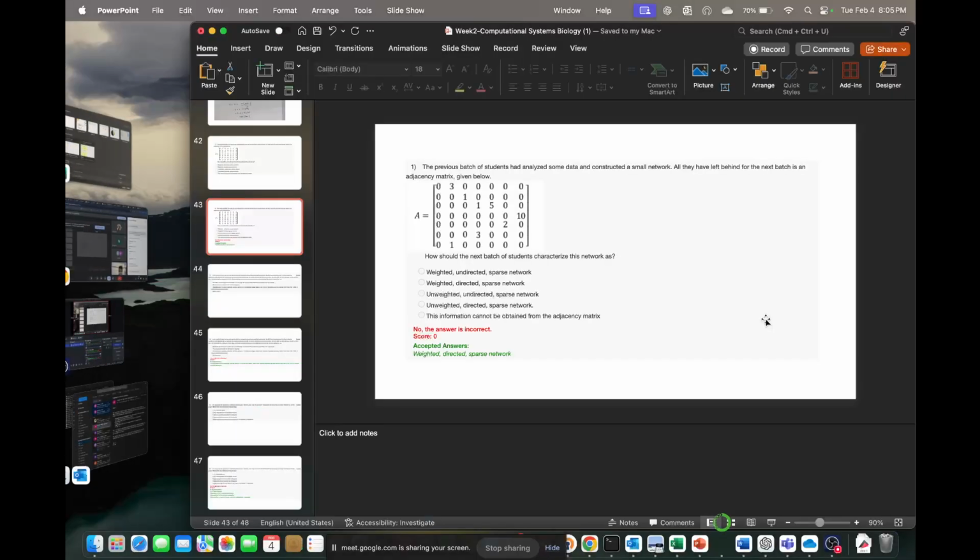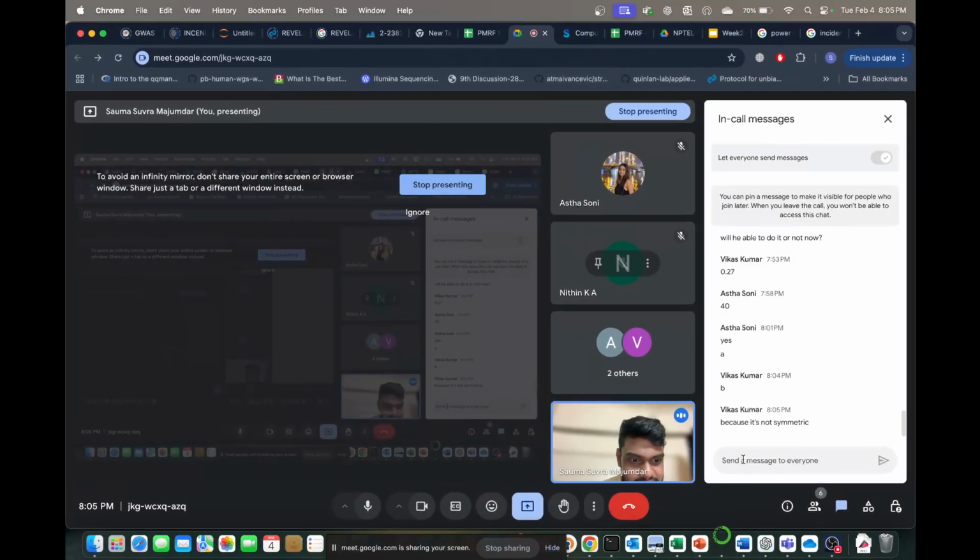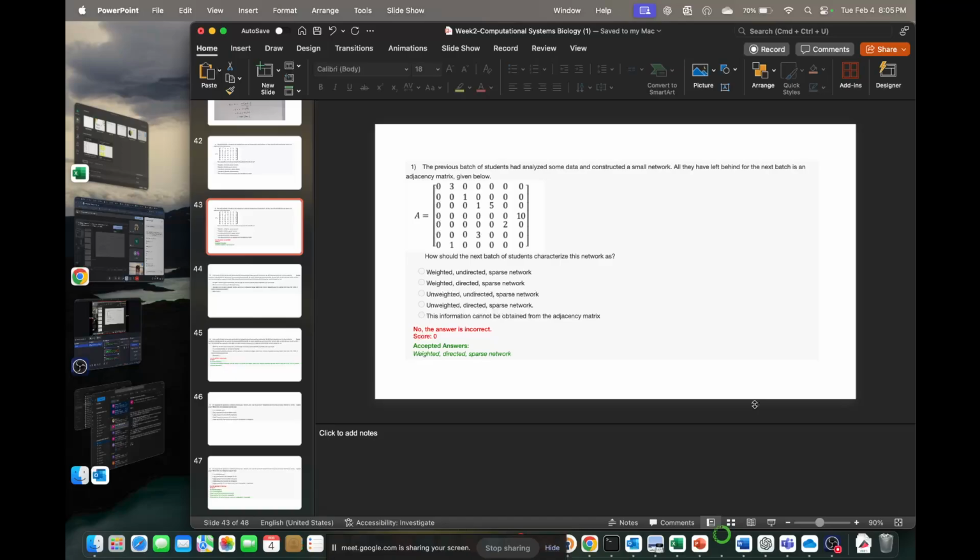How did you guys say it's directed? Because it's not symmetric. If the upper and the lower triangle are symmetric, then it will be undirected, because we can go both ways from one node to the other. Correct.